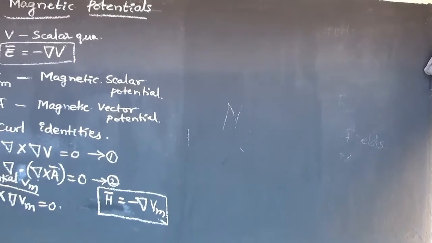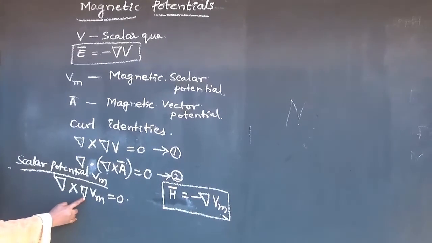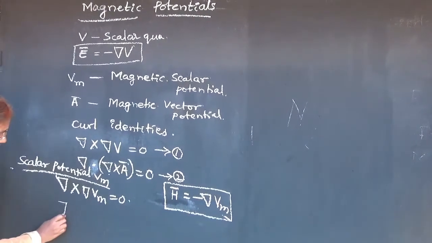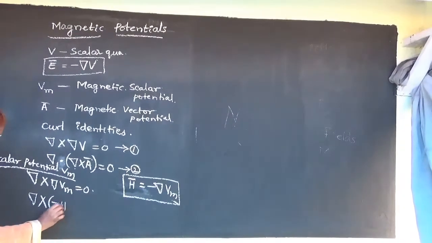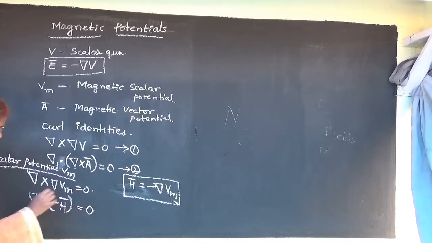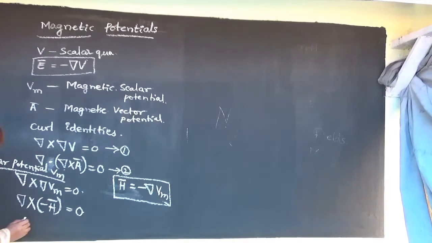By using this formula, del cross del Vm is going to be del cross of minus H bar. Can we write this? Yes, we can, and this will give 0. And minus will make no difference if the right hand side is 0.